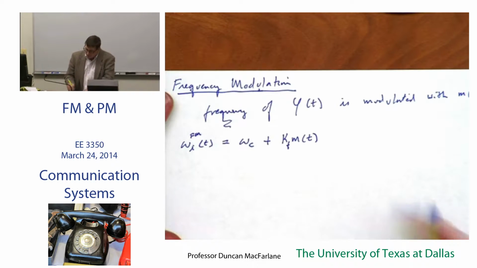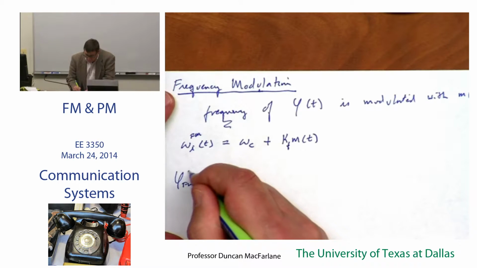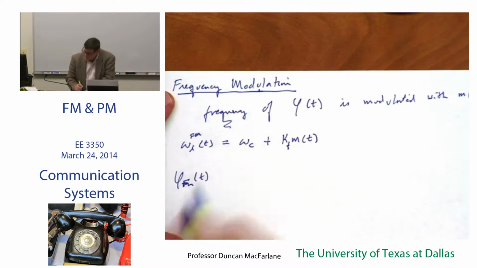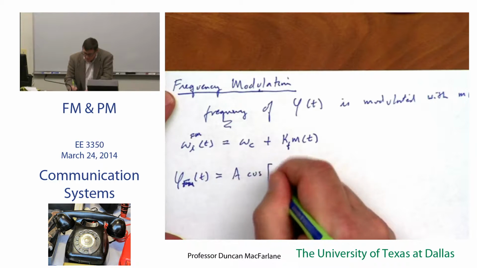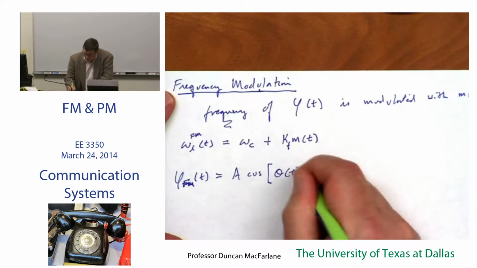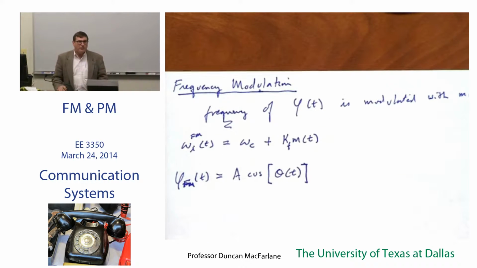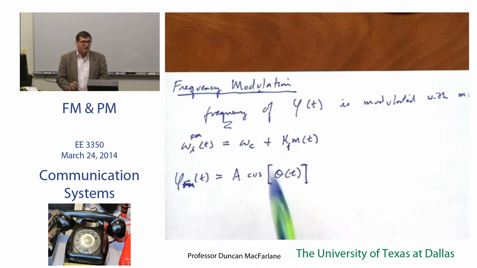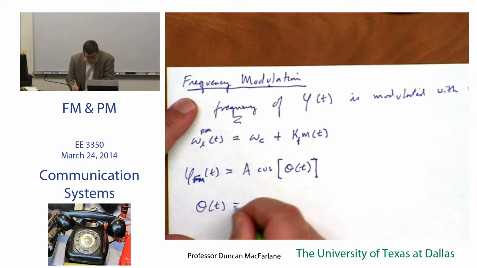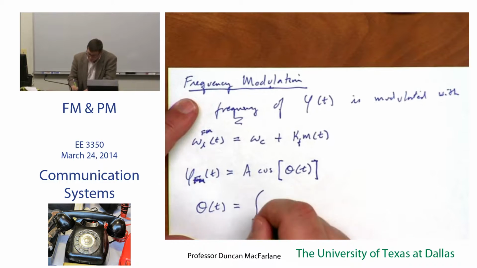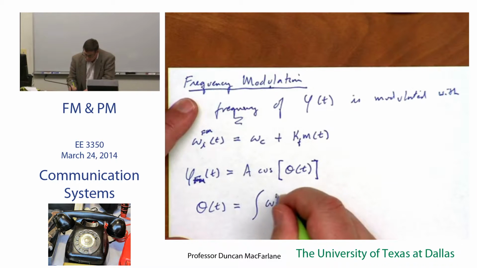Now what I want to do is I want to know, for FM of t, how to accumulate radians. Well, this is my instantaneous frequency, and to get the accumulated radians, what do I do with the instantaneous frequency? I integrate it. So this theta of t is going to equal the integral of the instantaneous frequency for FM.